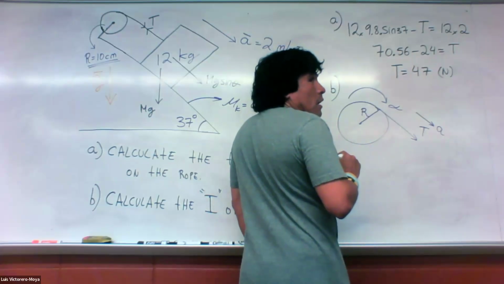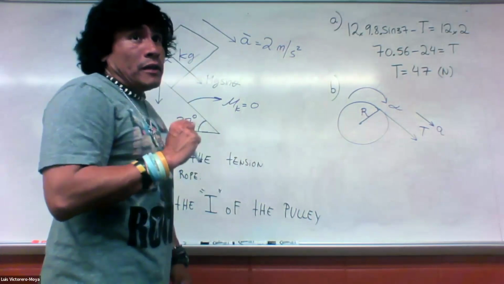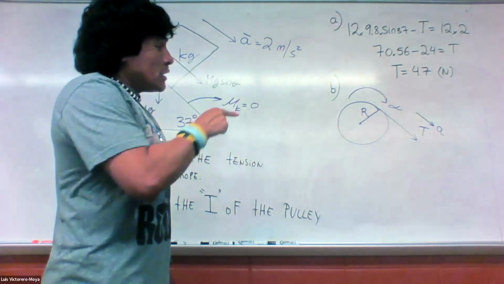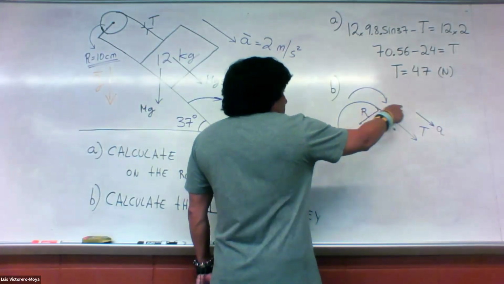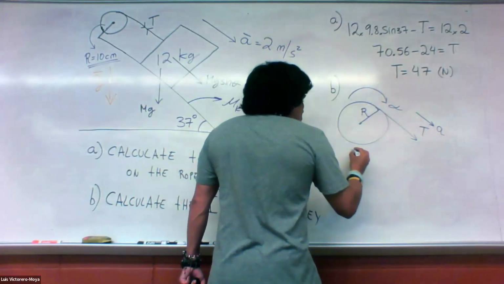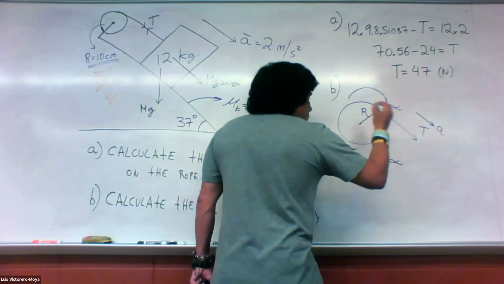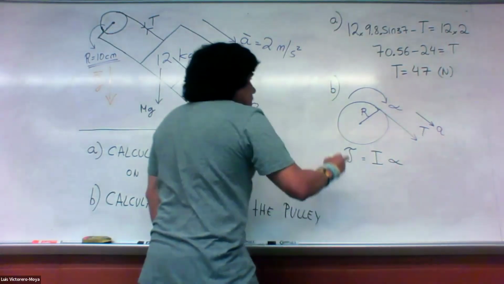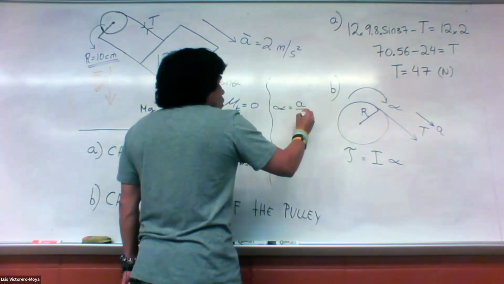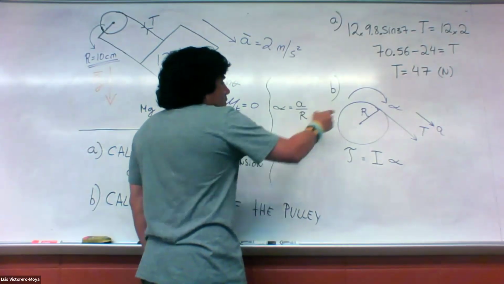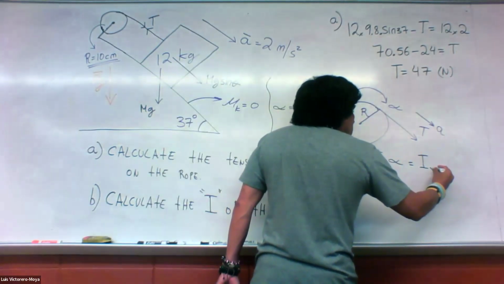No, because they don't tell you what type of body it is, and you don't have the mass of the pulley. But you know that you have the force making the pulley rotate. So whenever you have the force and the acceleration, you write that the torque due to the tension is I alpha. And this alpha, remember from chapter 7, is linear acceleration over the radius of the trajectory, in this case, the radius of the pulley. So that's I times a over R.